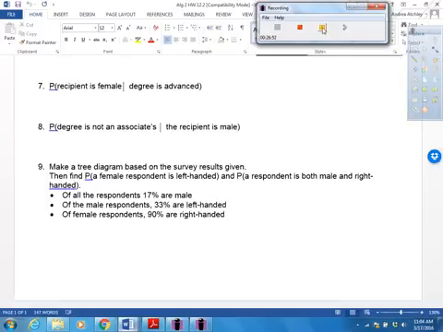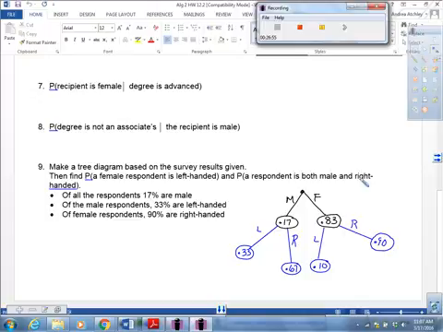Okay, you guys try to make the chart on your own. Okay, let's check your chart. This is what the chart should look like. Check to make sure you have the correct numbers. We'll put them in the right spots and everything.